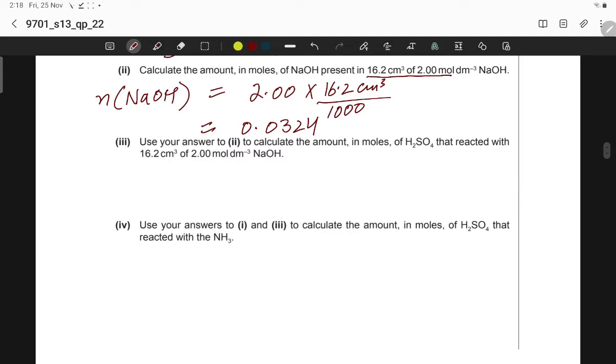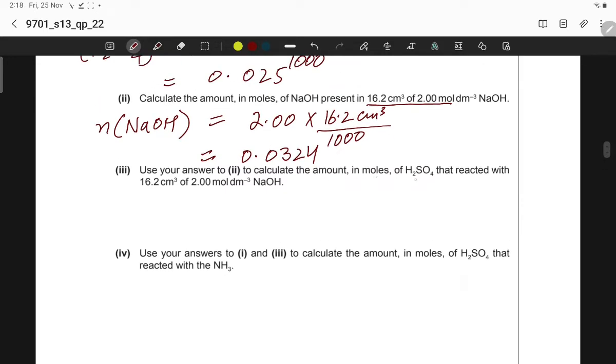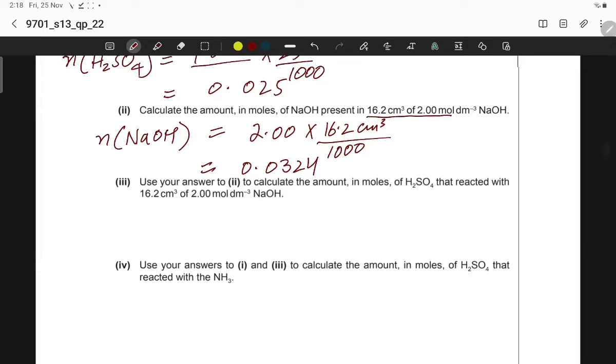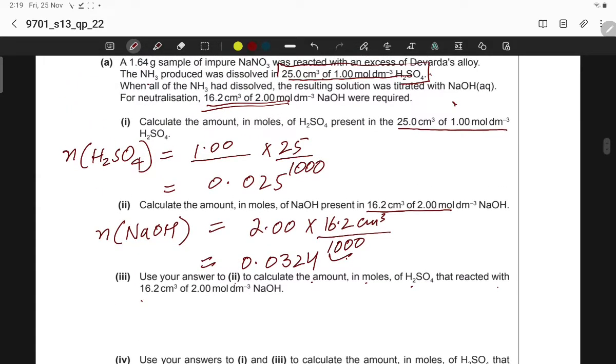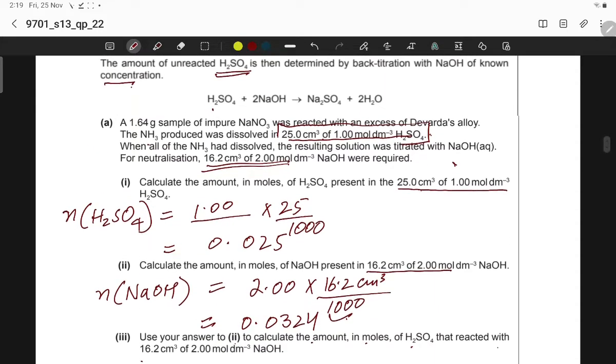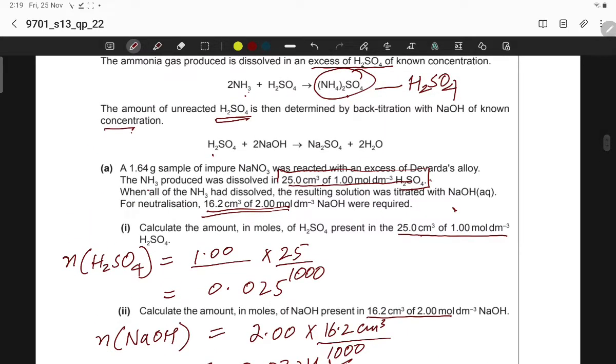Now use your answer to 2 to calculate the amount in moles of sulfuric acid that reacted with 16.2 centimeter cube of 2 mole per dm cube of sodium hydroxide. Check: when sulfuric acid reacts with sodium hydroxide, the amount dissolved in ammonia first, then excess sulfuric acid is present.